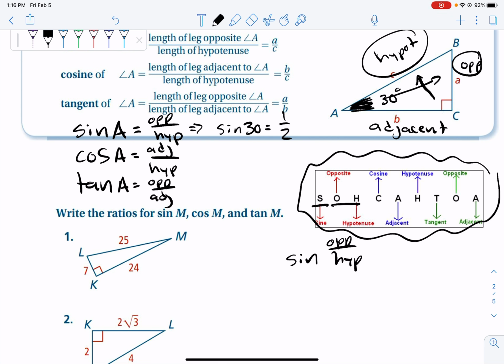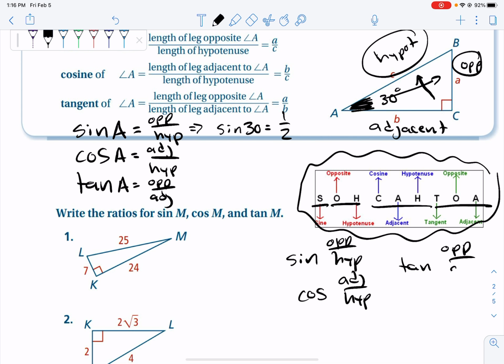For the CA, SOHCA starts with a C, so that's my cosine, and then it is followed with an A and an H, so that tells me adjacent over hypotenuse. The TOA starts with a T, so that tells me tangent is opposite over adjacent. So that phrase, SOHCAHTOA, might help you remember these ratios. That's one way to do it.